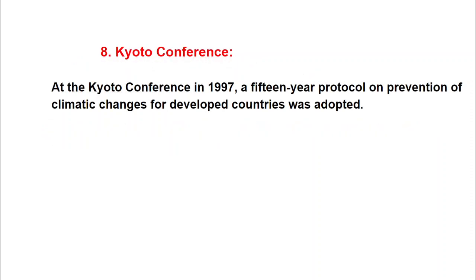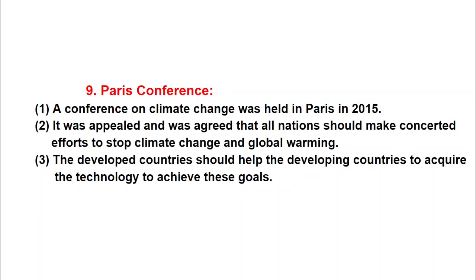Next point. In 1997, the conference at Kyoto laid down the protocols for the developed countries for preventing climate change. These were applicable for 15 years. After this, the conference on climate change was held at Paris in November 2015.